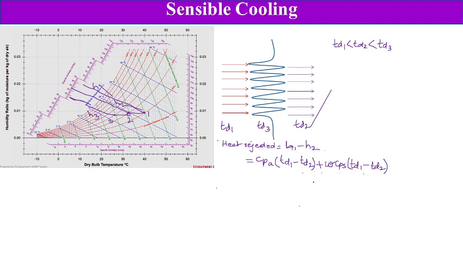So therefore this can be rewritten as TD1 minus TD2 is common in two terms. Therefore we can write this as CPA plus of omega CPS into TD1 minus TD2.